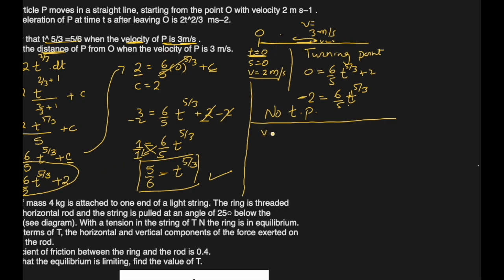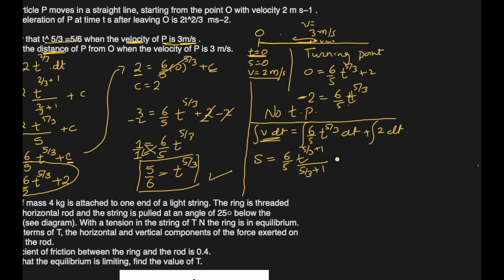So v dt equal to 6 over 5 t to the power 5 thirds dt plus 2 dt. Let's integrate. Then this is displacement: 6 over 5 t to the power 5 thirds plus 1 divided by 5 thirds plus 1.